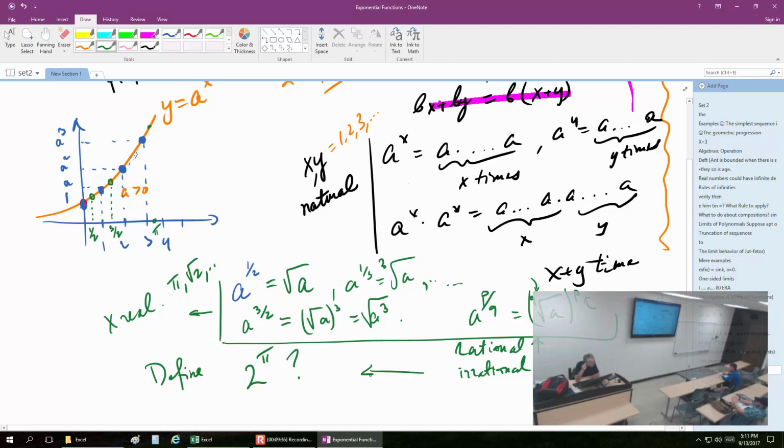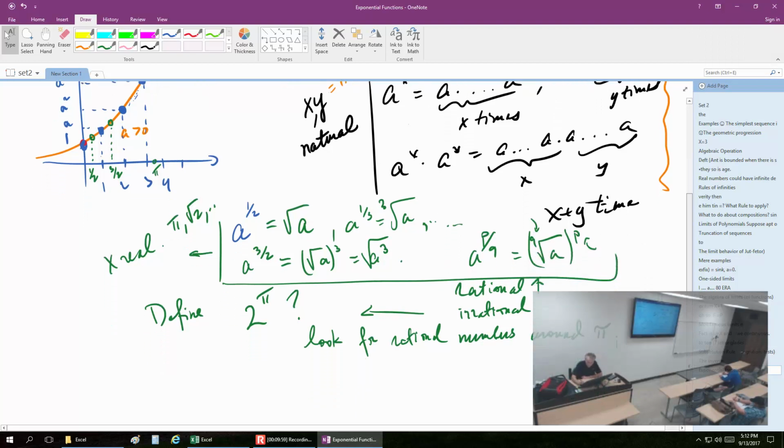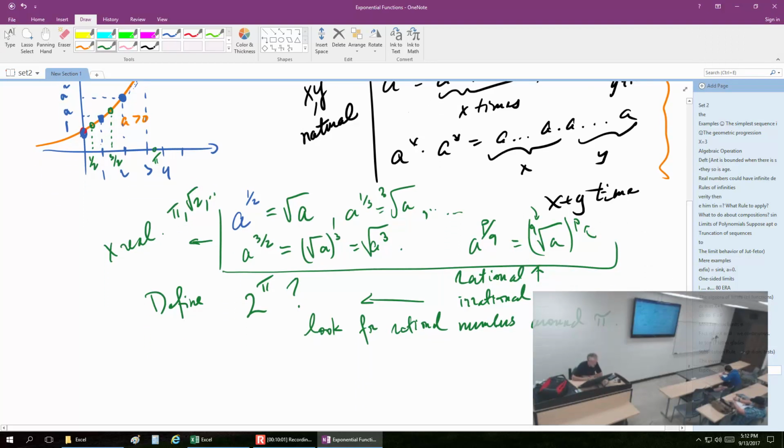So look for the starting point: numbers. What kind of numbers? Rational numbers around pi. So that is the idea, the correct idea, but we have to make it more specific.